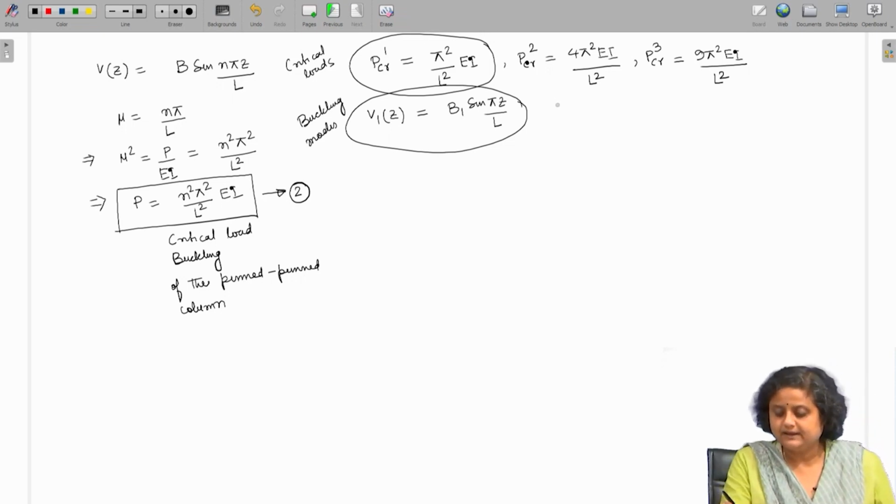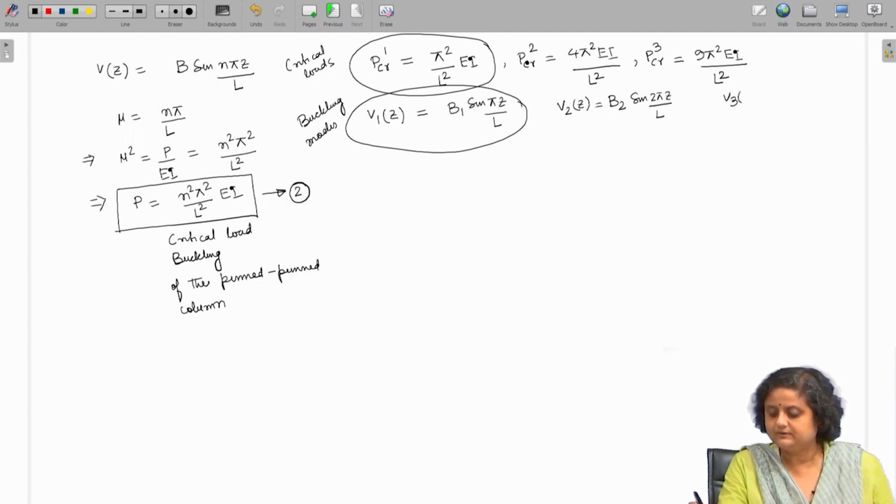Similarly, V2 Z is going to be some arbitrary B2 into sine 2 pi Z by L, and so on. V3 Z is going to be B3 sine 3 pi Z by L.